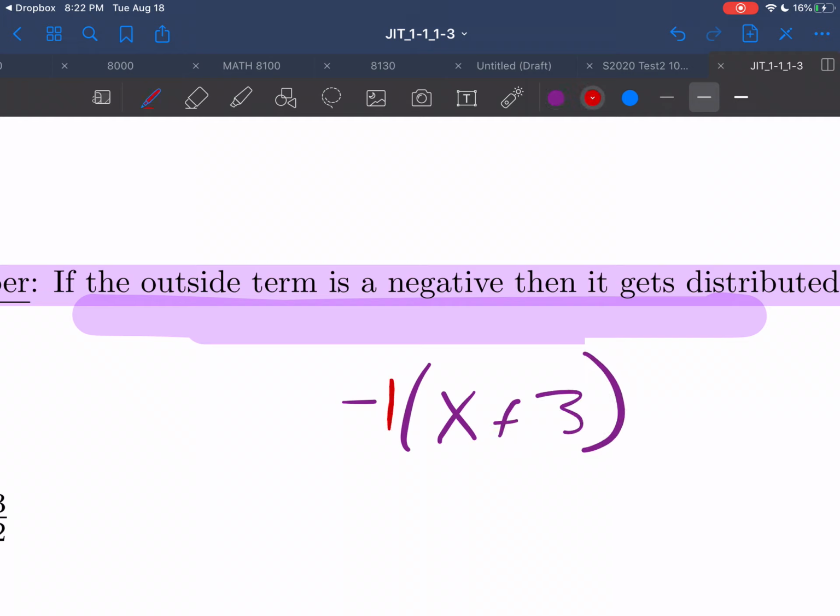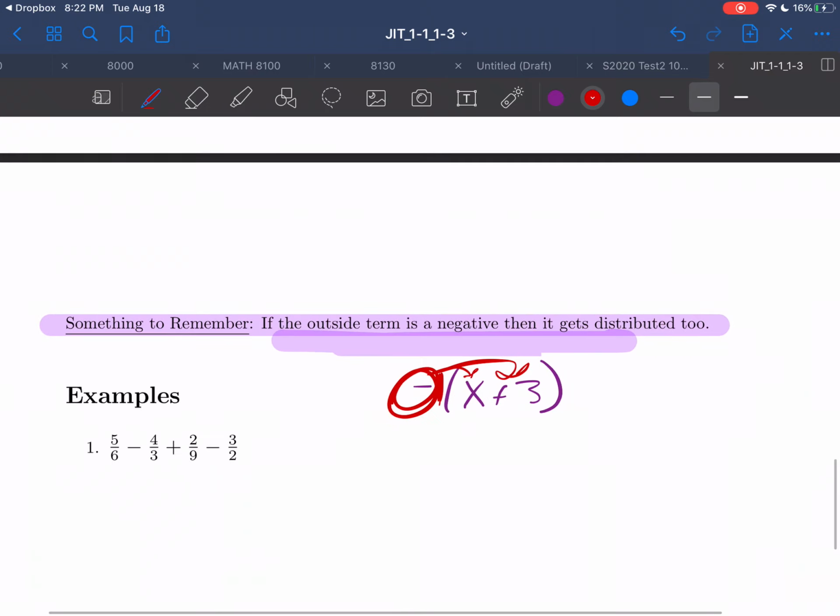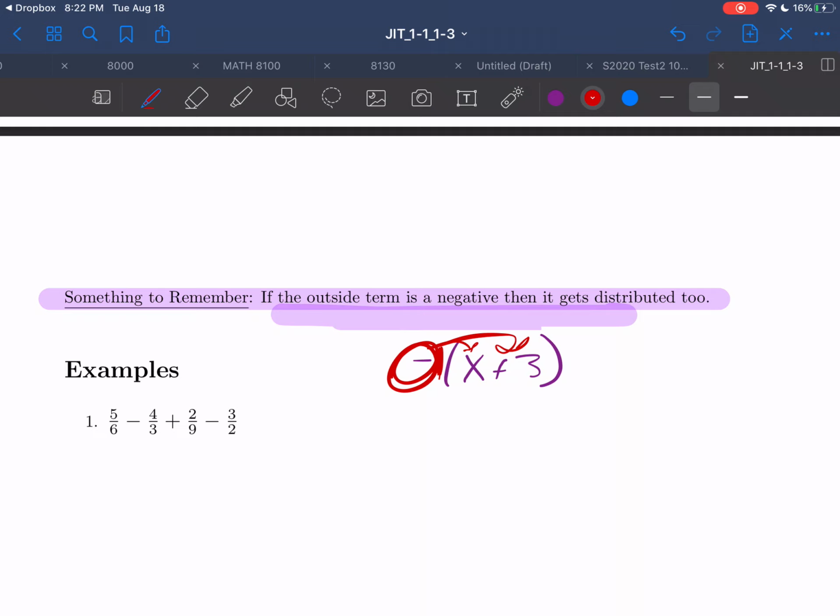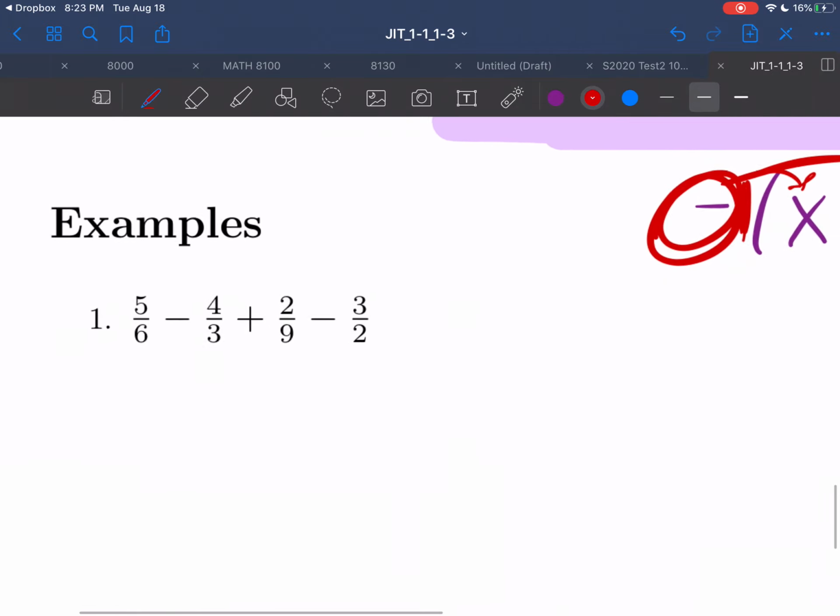We don't always write the 1, but it's generally recognized that there is a 1 there, and so that negative gets distributed to both of these. This is another really common mistake that is easy to skip or miss when you're doing several different steps in a problem. So it's really, really key that you remember this.